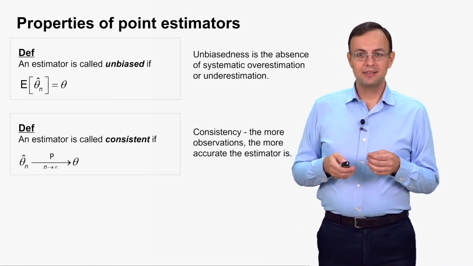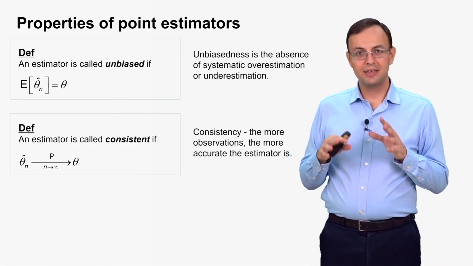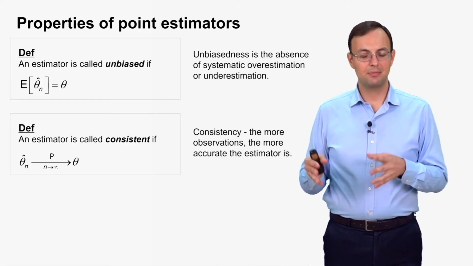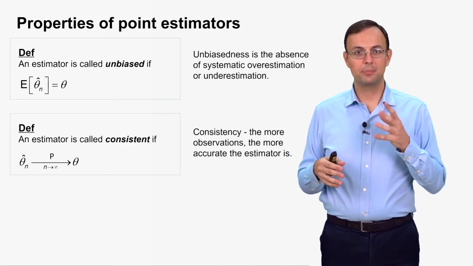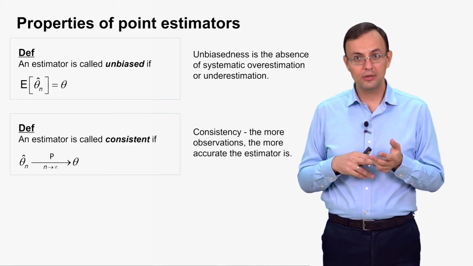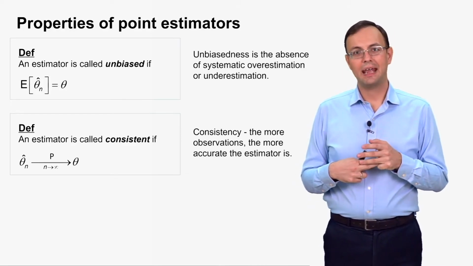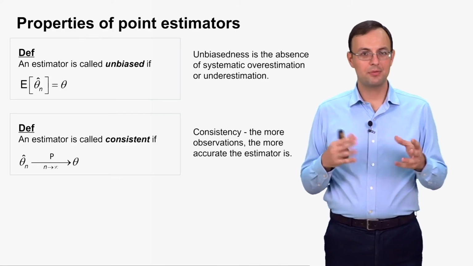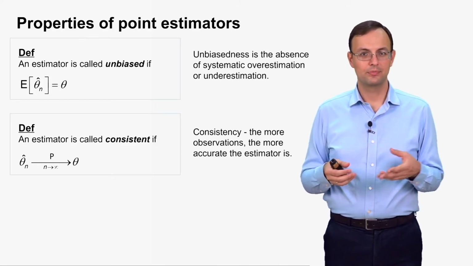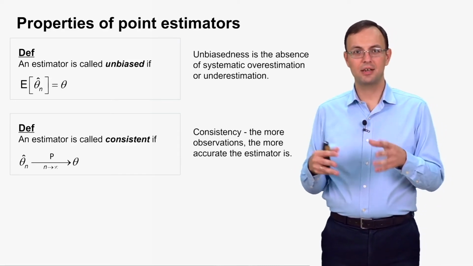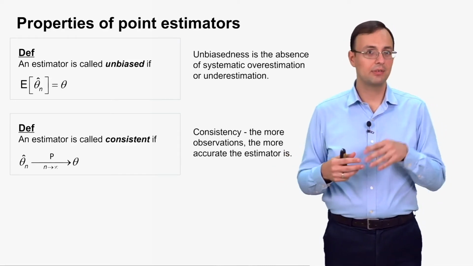So, let's say that you have several different estimators for one single parameter, and they are all unbiased and they are all consistent. And so which one is the best one? How to choose? So, for example, you have several ways to estimate one parameter, several formulas.